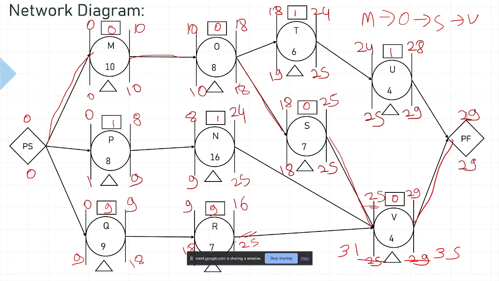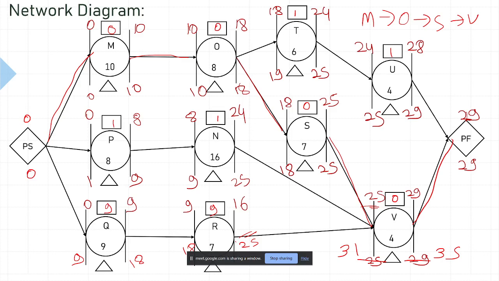To my knowledge, sir, this is a problematic one. But in real conditions, while going in a forward pass, if you apply a condition knowingly for a particular activity, then this free float will come. Unless we apply a condition to a particular activity, it doesn't come.